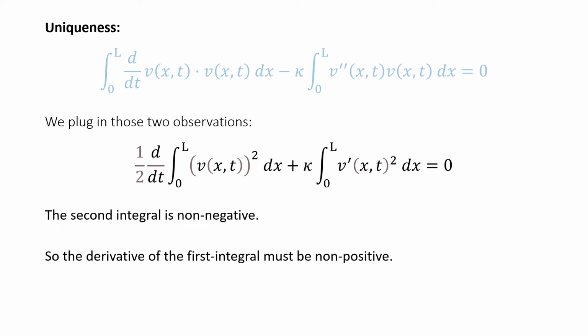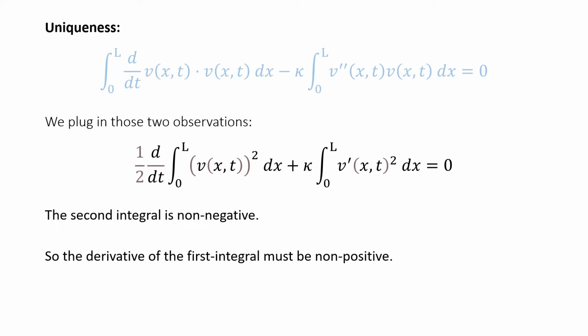Plugging in those two manipulations, we get that 1/2 of the time derivative of the integral from 0 to L in x of v(x,t) squared, plus kappa times the integral from 0 to L in x of v'(x,t) squared dx, equals 0. How does this help us?